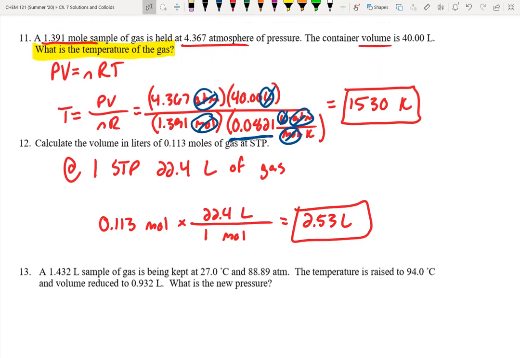Let me double check. So the full answer I'm getting is 1529.58, and then it goes on from there. But I wanted to keep 3 sig figs, which is why I rounded to 1,530.